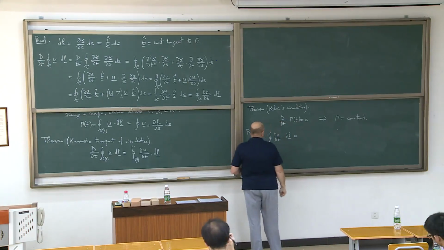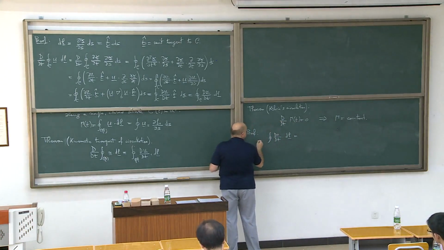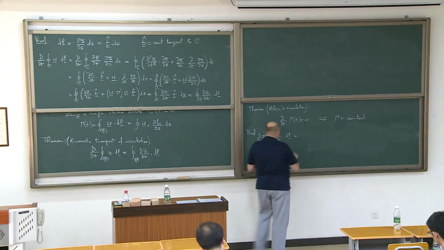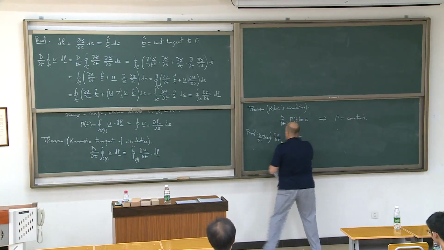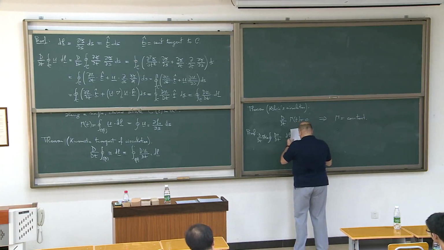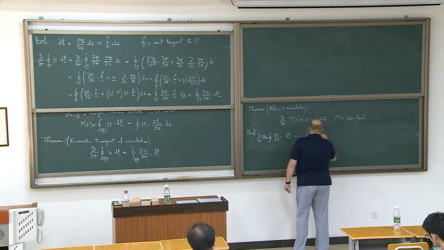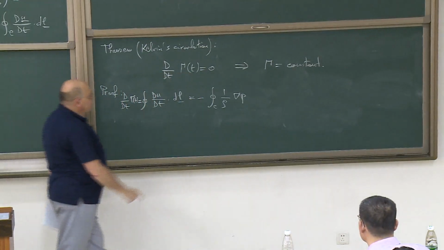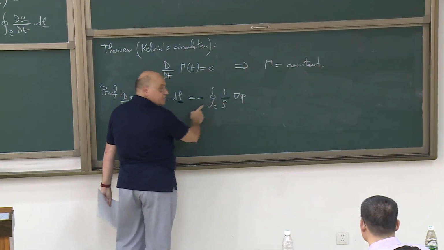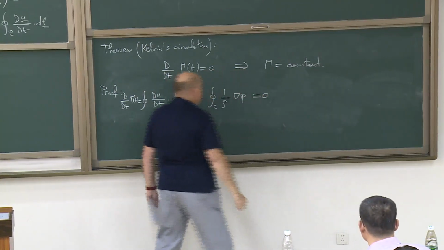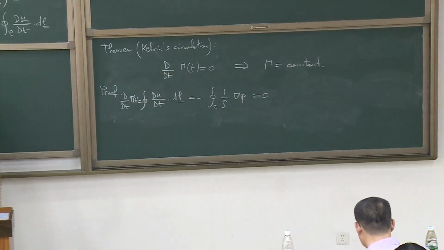Oh sorry, I just missed what I wanted to prove: d/dt of gamma(t) is this. And this is just minus, I substitute the Euler equations there, the integral over C of 1/rho grad P. And this is a closed curve, so the integral of the gradient on a closed curve is just 0.